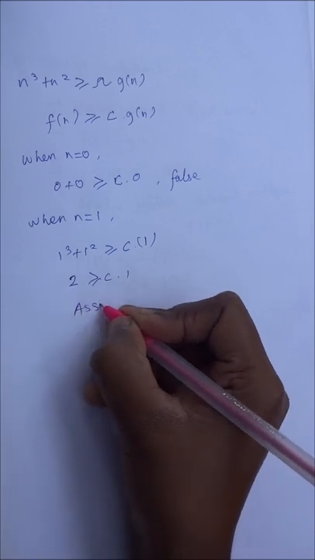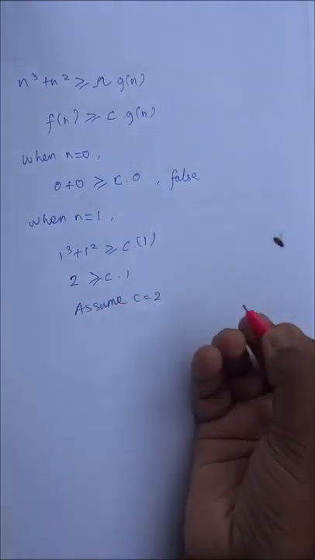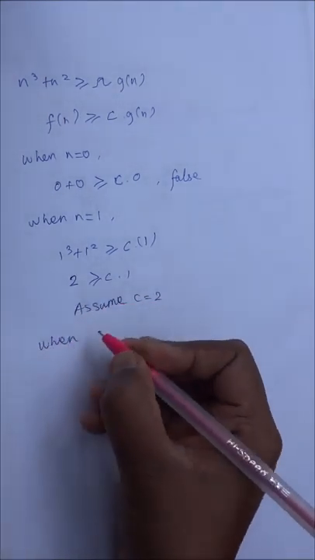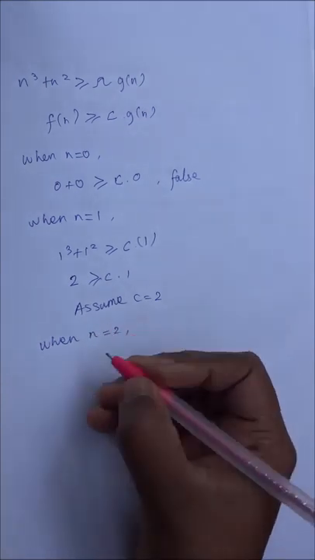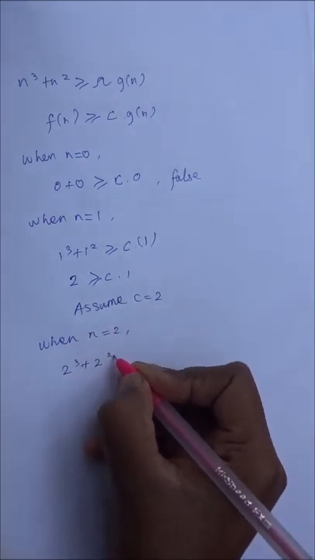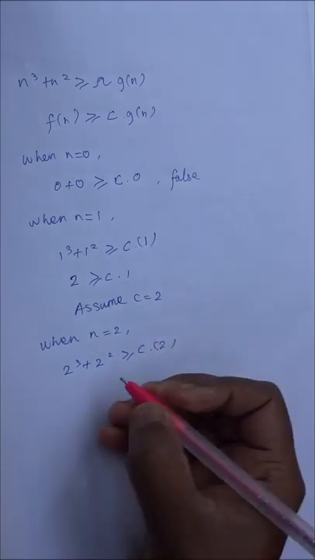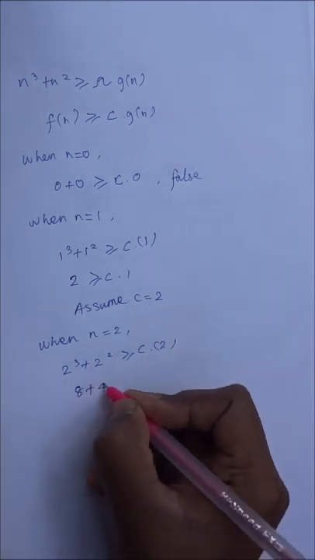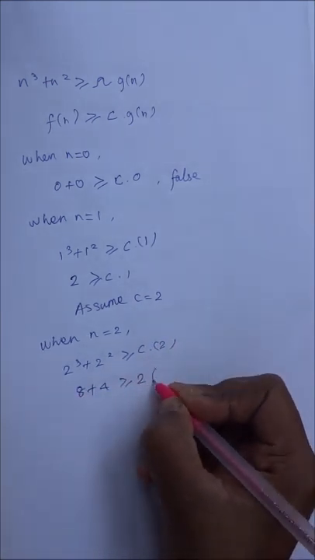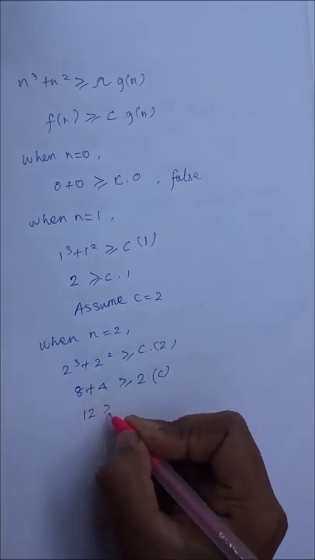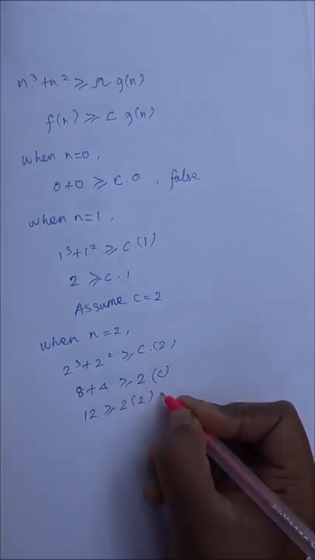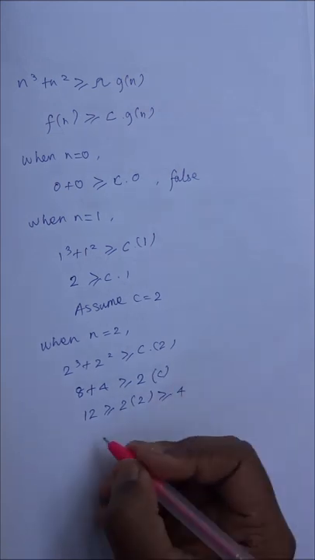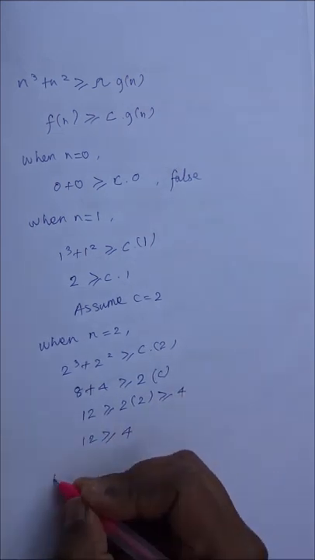So assume c is equal to 2. When n is equal to 2, 2 cube plus 2 square is greater than or equal to c into 2. 8 plus 4 is greater than or equal to 2 into 2. 12 is greater than or equal to 4.